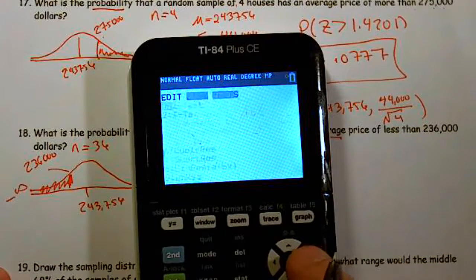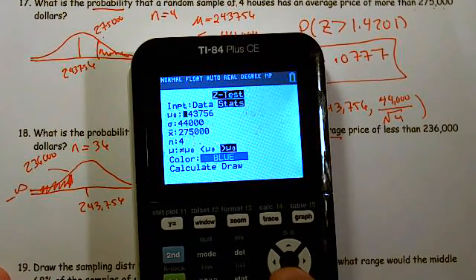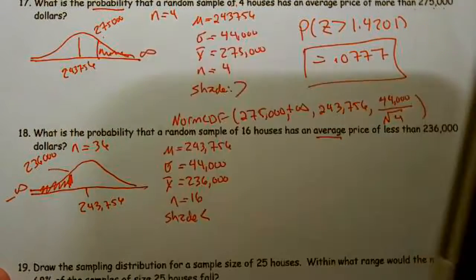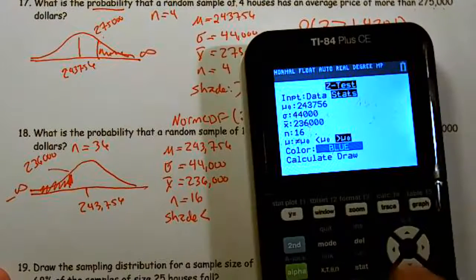Stat test, z-test, mean of 243,756, standard deviation of 44,123, 236,123. N in this case was 16. And we shaded to the left.